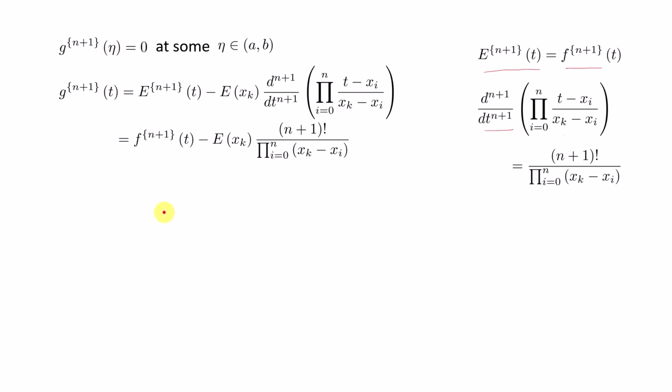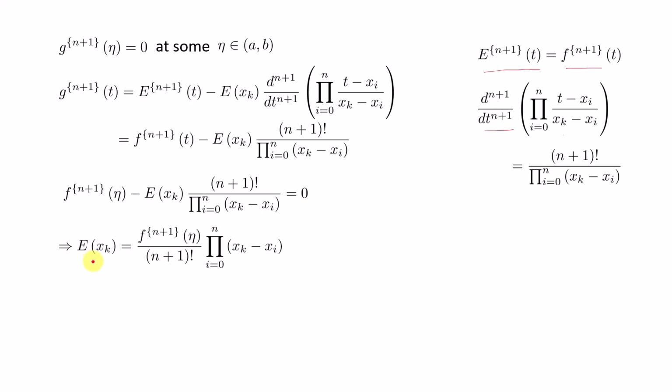Therefore, I can write that putting eta in place of t: f^(n+1)(eta) minus this e(xk) times n plus 1 factorial divided by the xk minus xi product. This will be 0.